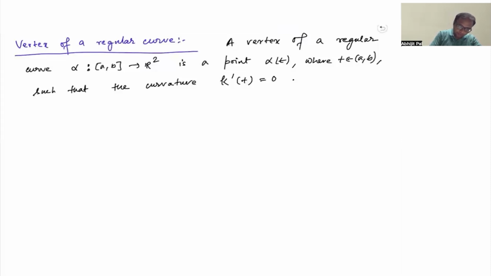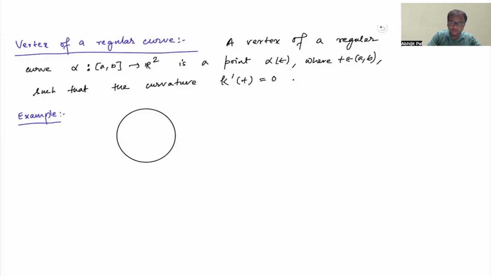For example, if you take a circle, this is a convex simple closed curve, and if I take any point on this circle, the curvature is constant.